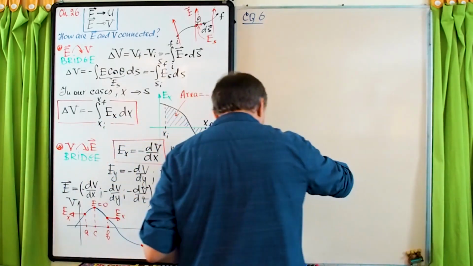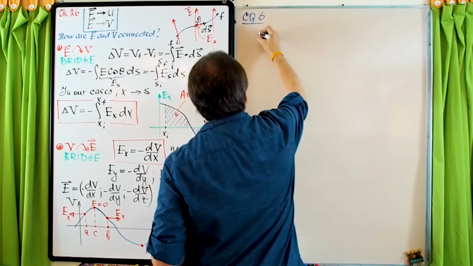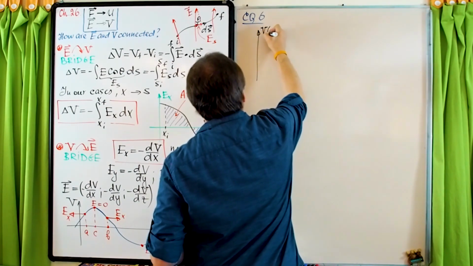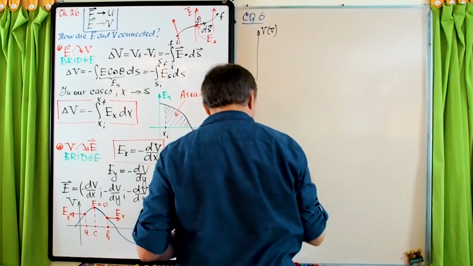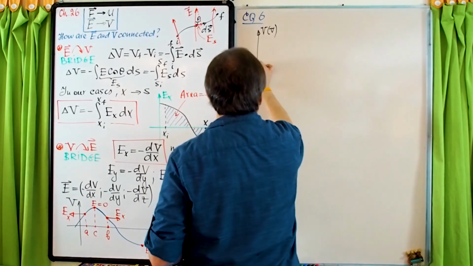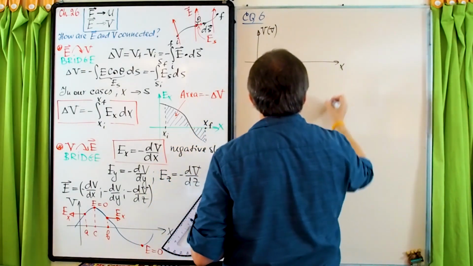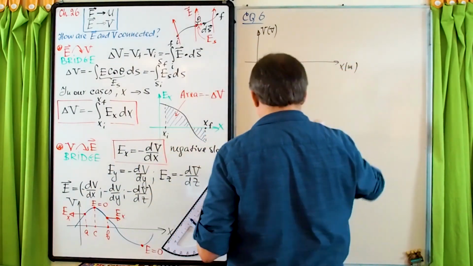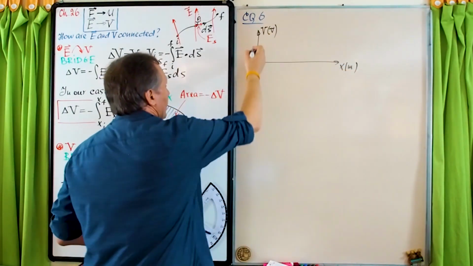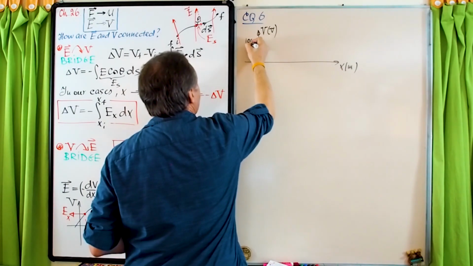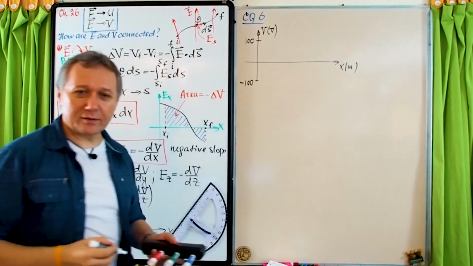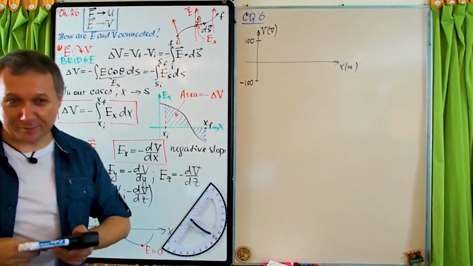That potential is described by this V, of course in units of volts, and let's say x is in meters. Maybe I can even put some numbers, 100 volts, minus 200, minus 100, to make it look better.